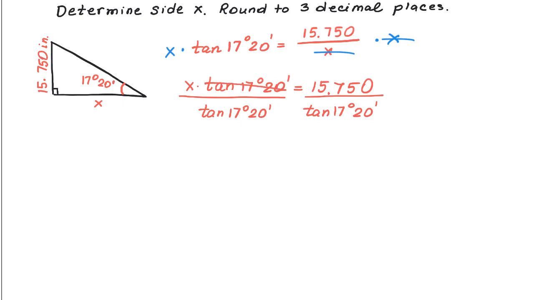On the left side, we have x left, and let's put the right side in the calculator. So on my calculator, I type 15.750, divide, press the button for tangent, type 17, then press second angle and choose angle, then type 20, then press second angle and choose minutes.